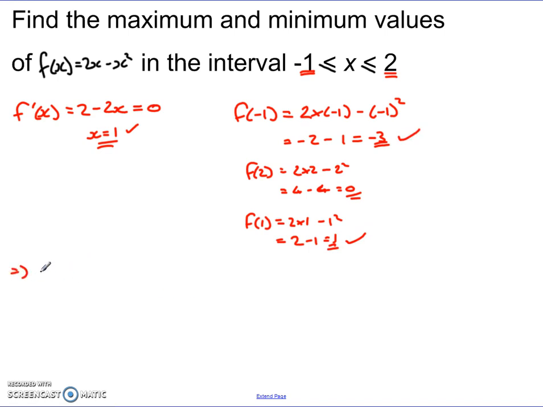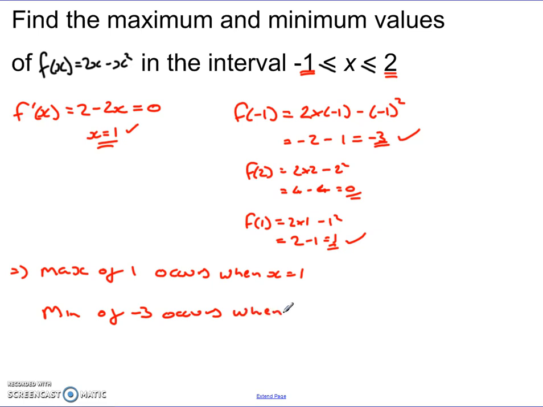Now communicate it. So therefore, the maximum of 1 occurs when x equals 1. And the minimum of -3 occurs when x equals -1.